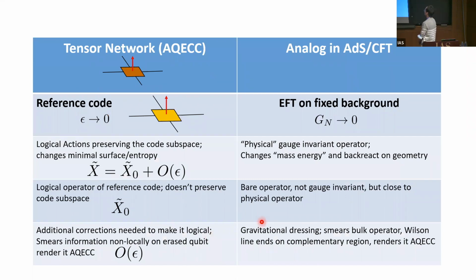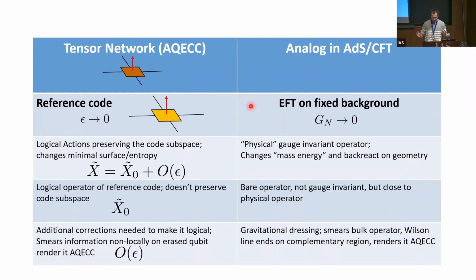So going back to this comparison table, right? Oh, now I'm running out of time. You're fine, Charles, you're fine. Okay. So on the left-hand side, the code is noisy, but at the same time, I would like to argue that it's analogous to some EFT coupled to some effects of gravity.